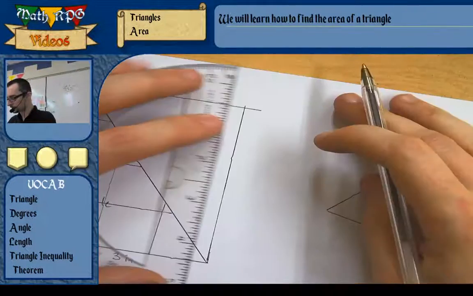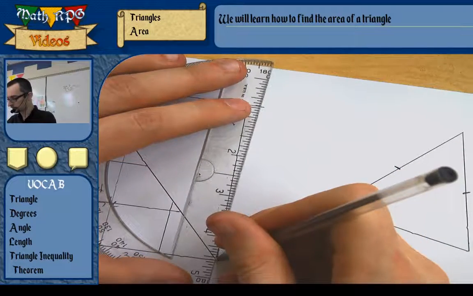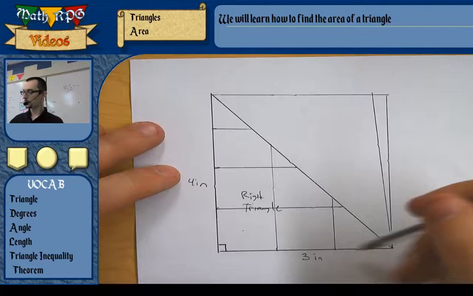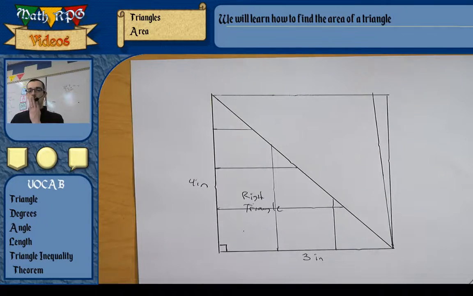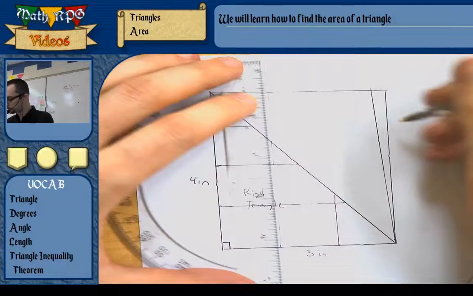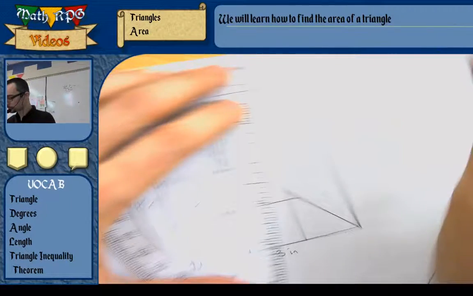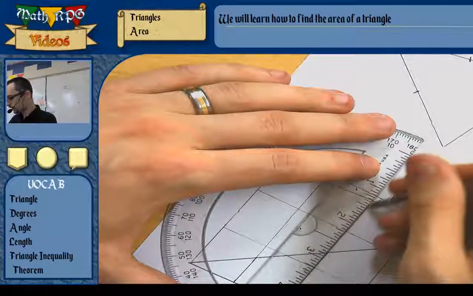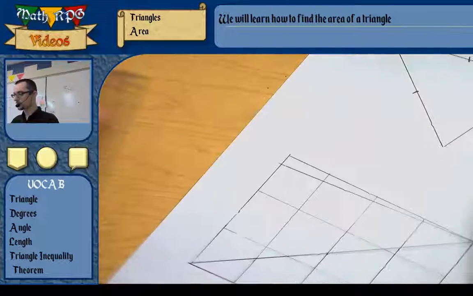Let me change this a little bit, make sure it looks more like a rectangle. There. If I made this go up a little bit more, then it would be a rectangle. It'd be really easy to find out how many squares it would cover. I could just literally count them. So it'd be like this. It's really easy to find the area of a rectangle. You just literally count the squares that it covers.